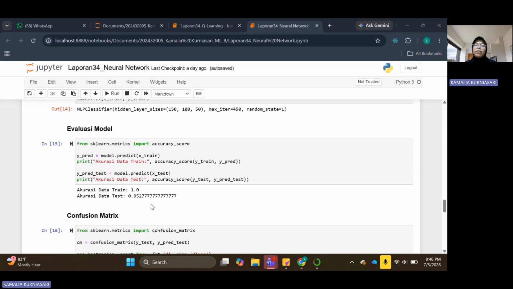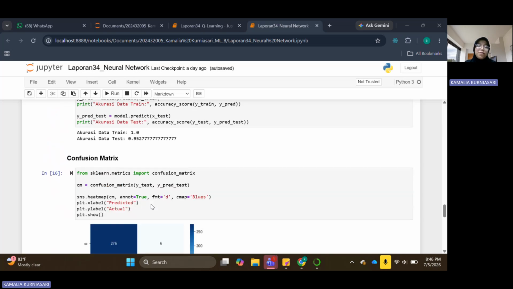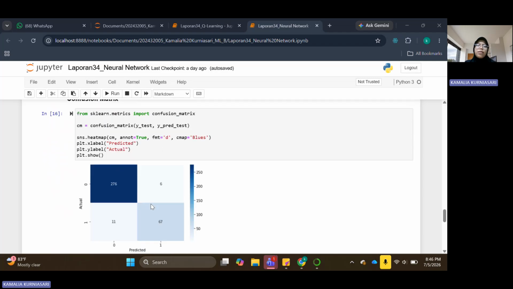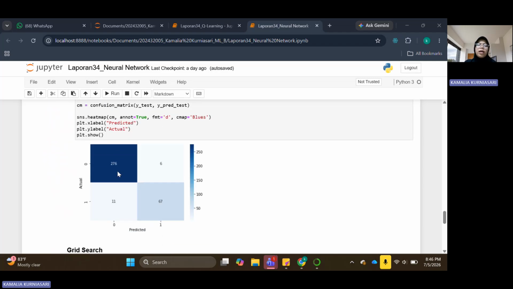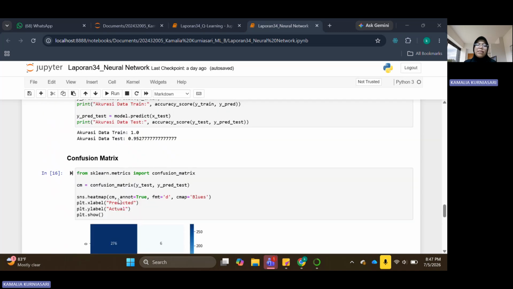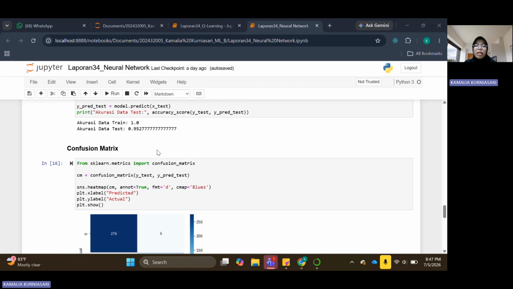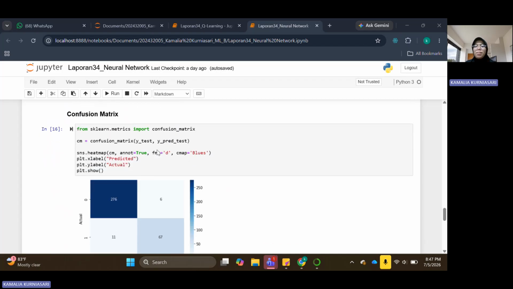To evaluate the model further, I used a confusion matrix, and the confusion matrix shows 276 true negatives, 67 true positives, 6 false positives, and 11 false negatives. This means the model correctly classified most of the data, and the model achieved approximately 75.28% accuracy, which indicates strong performance.